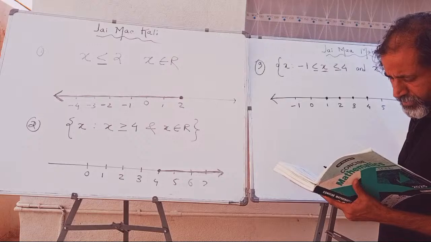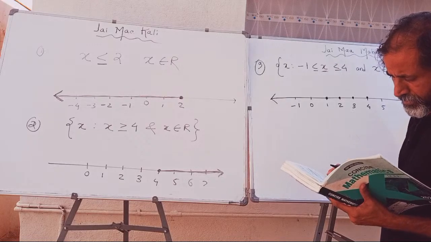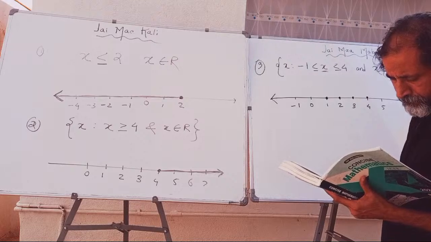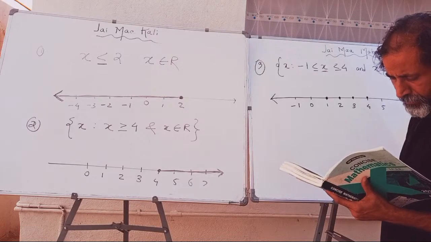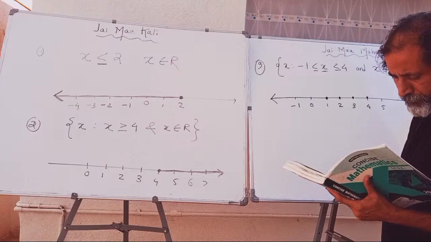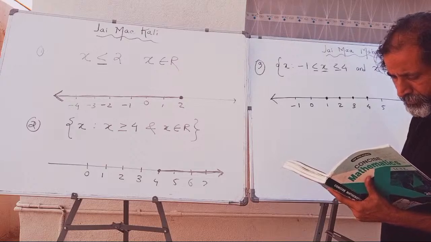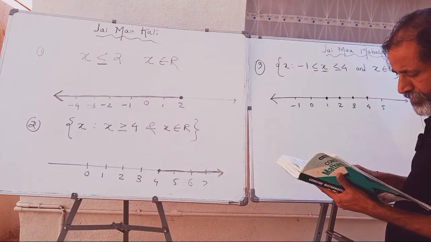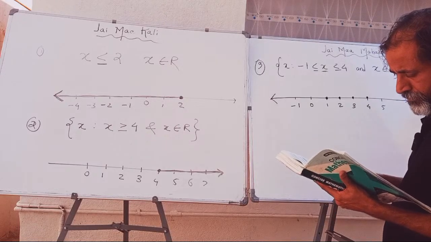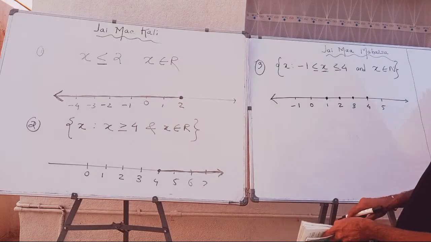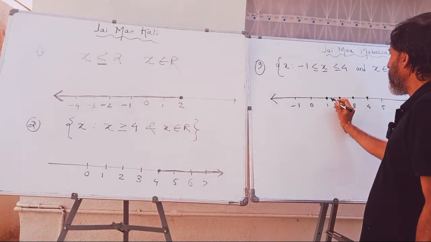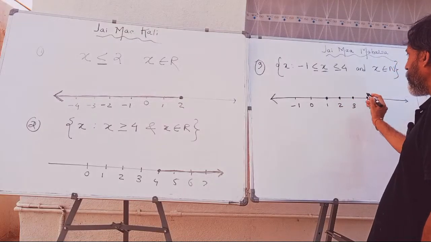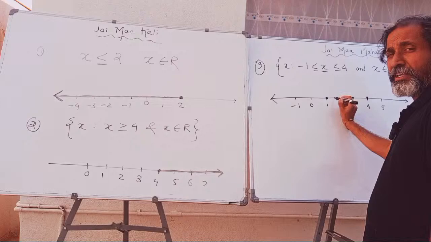So these are the things we mark. We are not marking anything bold between 1 and 2, or 2 and 3, or 3 and 4, because those are not natural numbers. 1.1 is not a natural number.